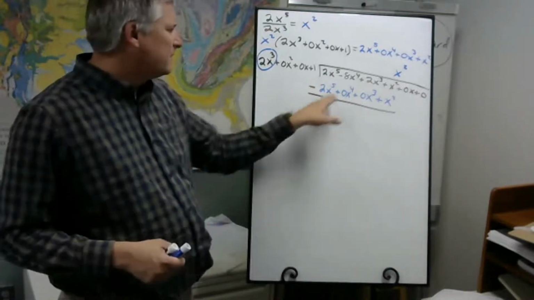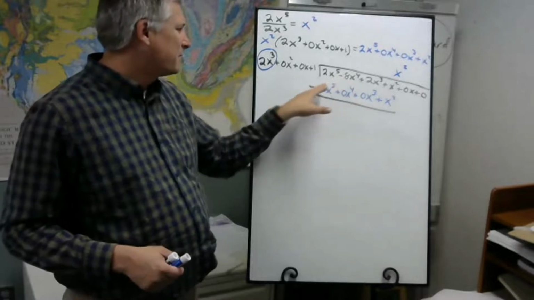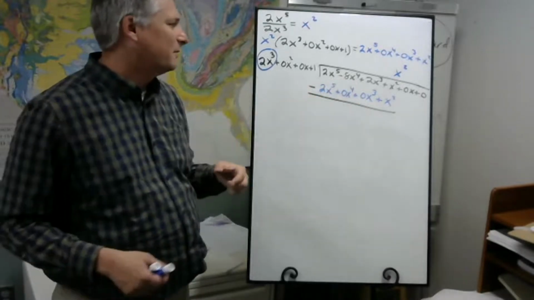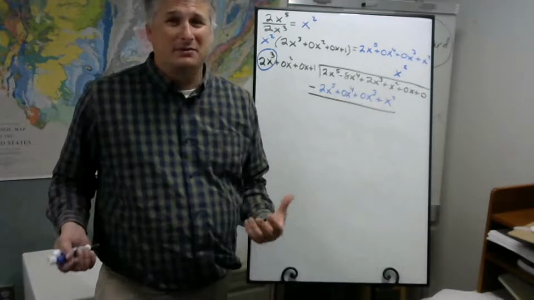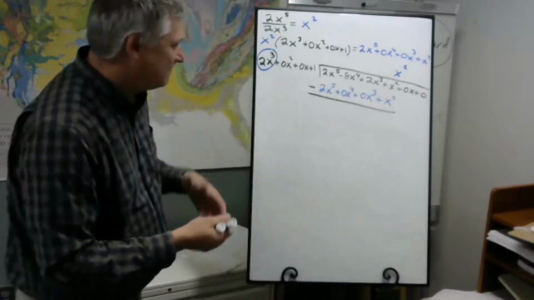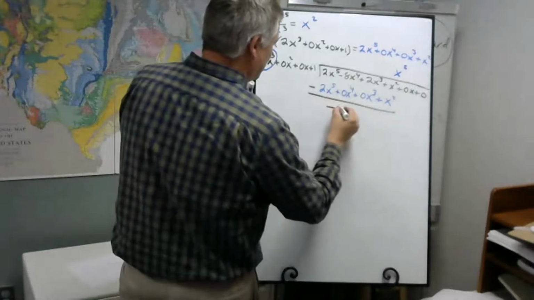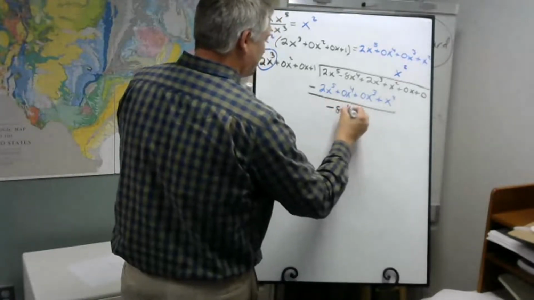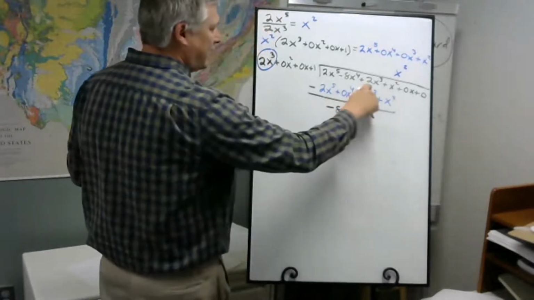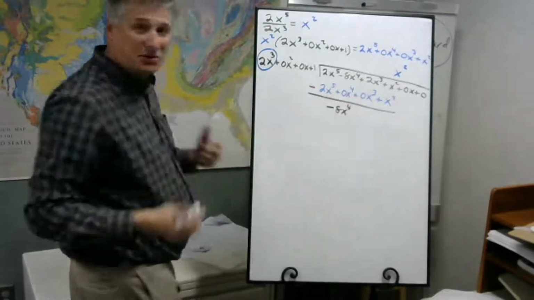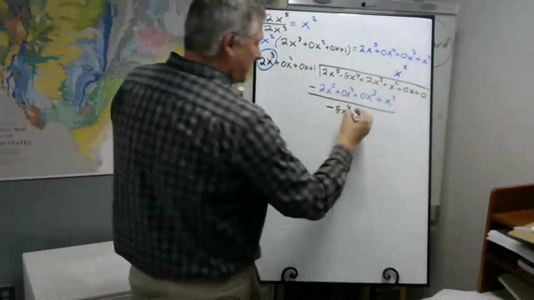We now have negative 8x to the fourth minus 0x to the fourth, which is the same as minus 8 subtract 0, and that doesn't change anything. So we just get minus 8x to the fourth. 2x cubed minus 0x cubed is just 2x cubed.